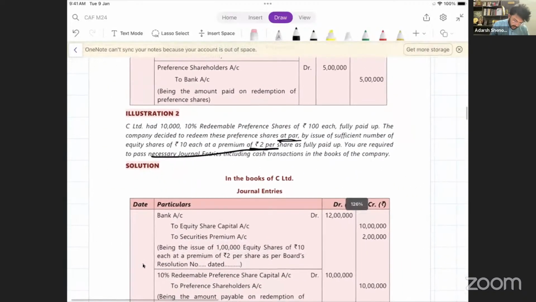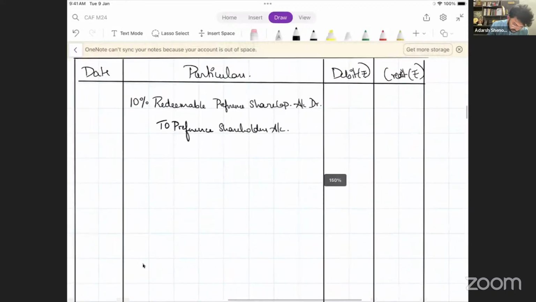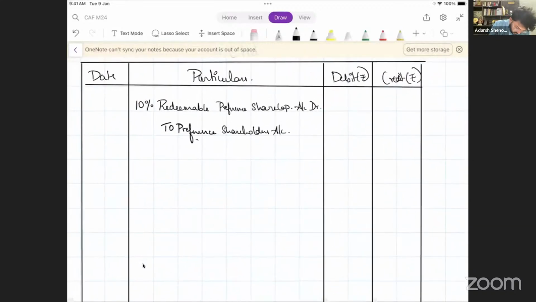It will be 100 into 10,000. What is 100 into 10,000? 10 lakhs.